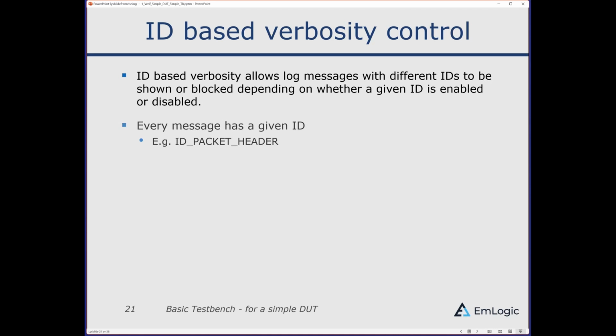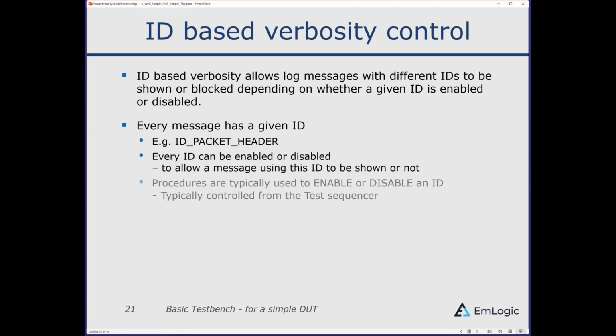As I said, we need totally different kinds of information from our simulation when I debug one specific interface and details on that, compared to when I debug lots and lots of packets going through my Ethernet switch, for instance. That means I cannot really set a given priority because it changes throughout the development, throughout the verification.